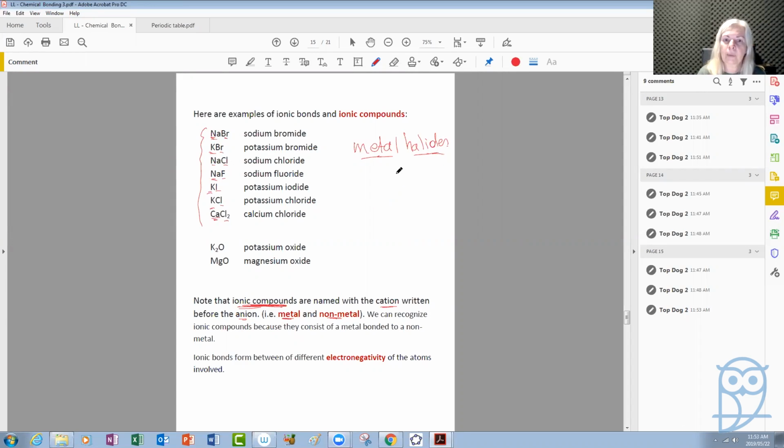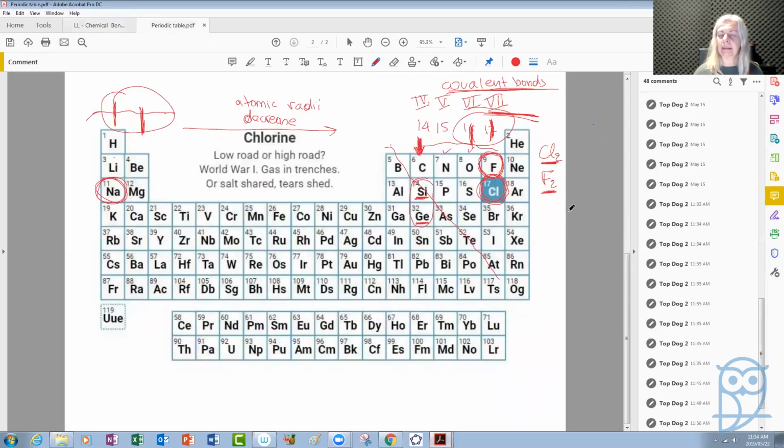But we can also see that metals with oxygen tend to be ionic compounds. Not all of them, but many of them, especially from the groups like potassium oxide, for example, or magnesium oxide. These are ionic compounds. And I want us to see in the periodic table again where oxygen is, to remind us.